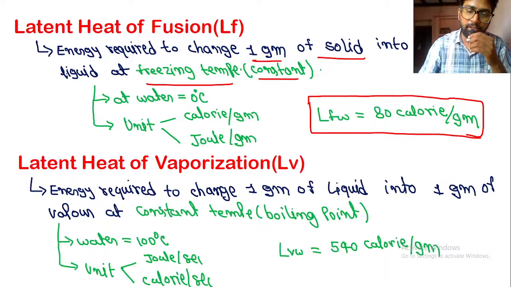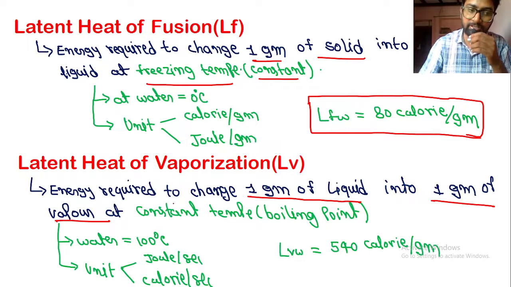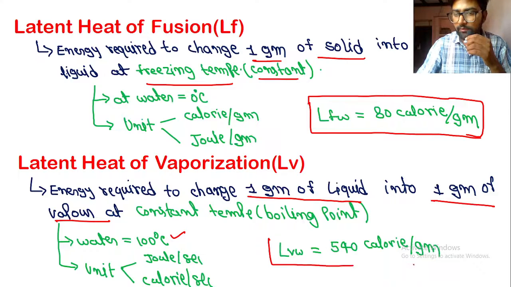Latent heat of vaporization means 1 gram of liquid is transferred to 1 gram of vapor at constant temperature, called the boiling temperature. In case of water, it is 100 degrees Celsius. The latent heat of vaporization is 540 calorie per gram.